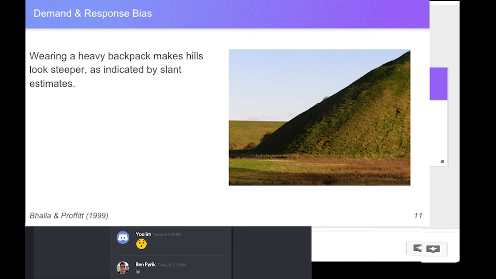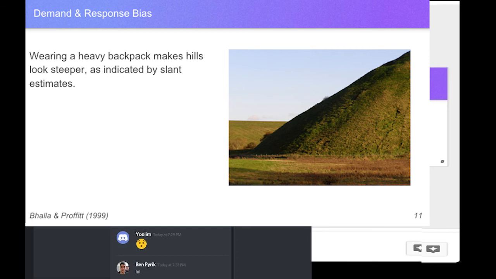This also later proved misleading, because when replicating the study, they told the subjects wearing the backpacks that they were only holding the backpack in order to hold some heavy monitoring equipment during climbing. If they could justify the purpose of the backpack, the effect of heavy backpacks on slant estimation disappeared.